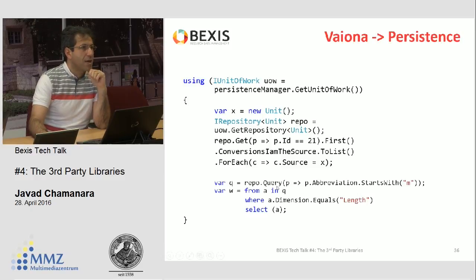In this case, I am saying I would like to create a query on the units that is asking for all the units whose abbreviation is starting with M. And then later I say, okay, I want from Q, because Q is the query, actually it is not a data set or a result set, it's just a query up to now. And then from the query, I am posing more where clauses. So from this query, also those whose dimension equals length. Actually, this means that the query is abbreviation starts with M and dimension equals length.